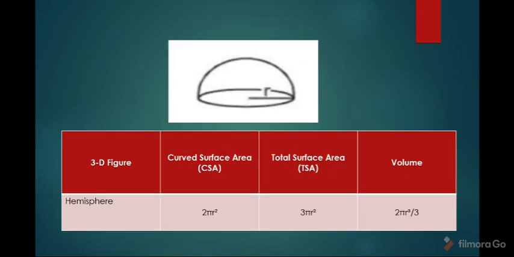Now for the hemisphere. If you divide a sphere into two equal halves, you will get a hemisphere. If you look at the figure, there are two faces for a hemisphere. One is the bottom circle, and another one is the curved surface.